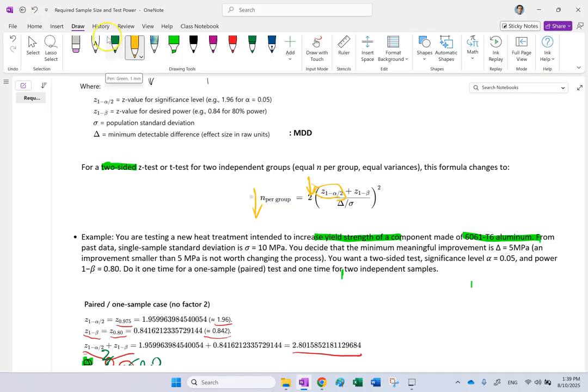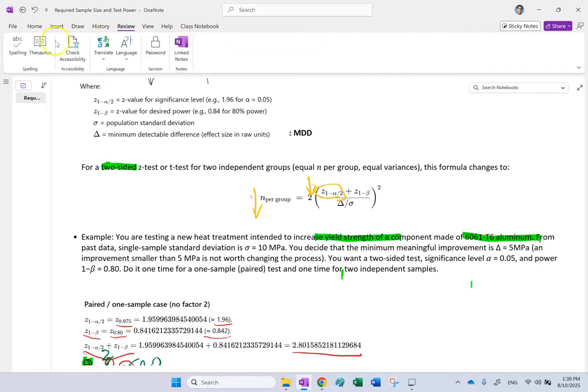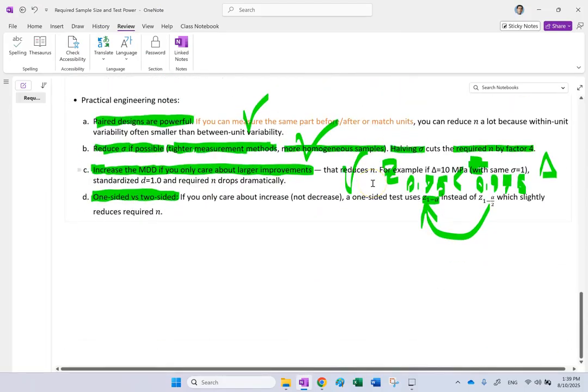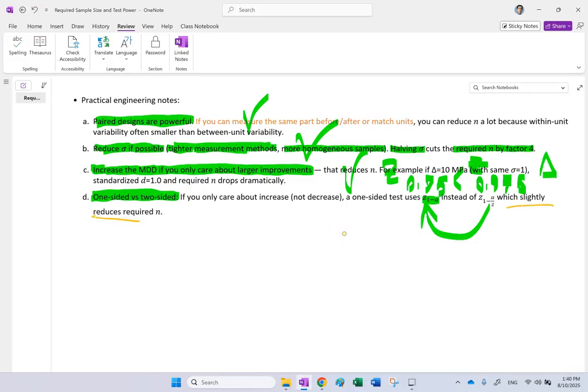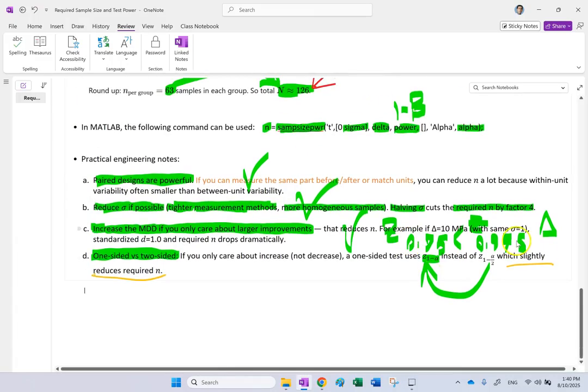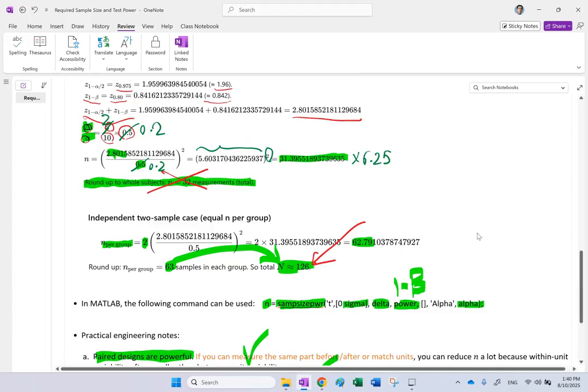So a one-sided test will require a smaller number of samples compared to a two-sided test. And as I said, it will slightly reduce N. It's not a big thing because Z of 0.95 and 0.975 are close to each other.